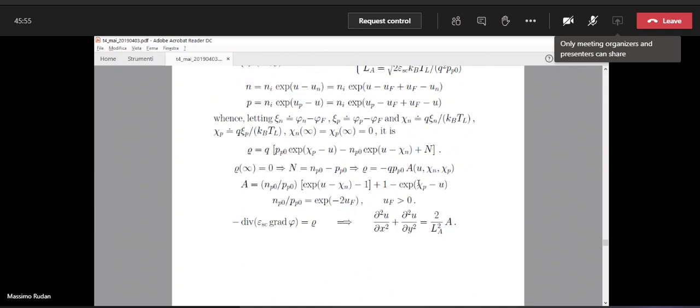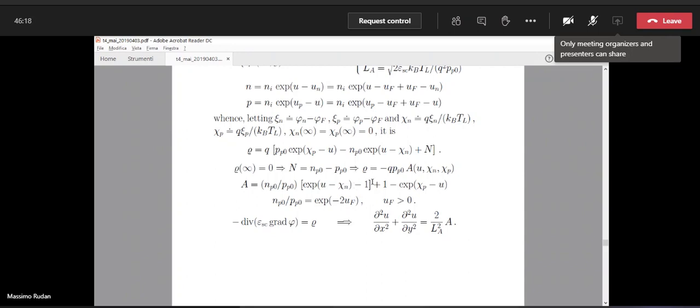But also we say that the concentration of the electrons is large. So we expect that the exponential of u minus chi n is large. So we also neglect the -1 in the brackets in the definition of A. Okay.